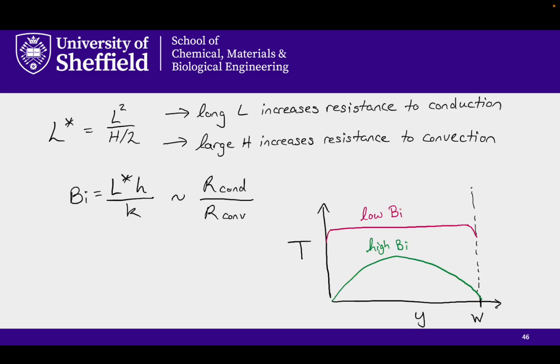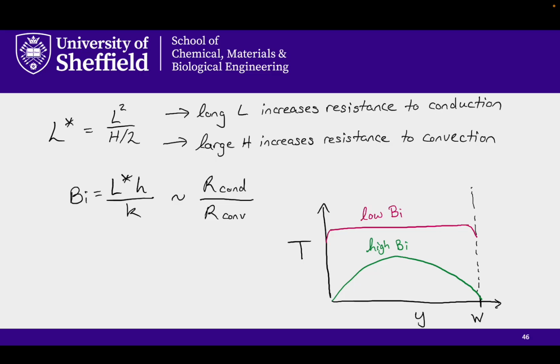In any instance, the Biot number determines the temperature profile across the width of the fin. So this is in the y direction, and at a very low value of the Biot number, we have a low resistance to conduction, and that means conduction is fast. So the whole temperature across the width of the fin is relatively constant, except maybe just at the edges where you're losing heat to convection.